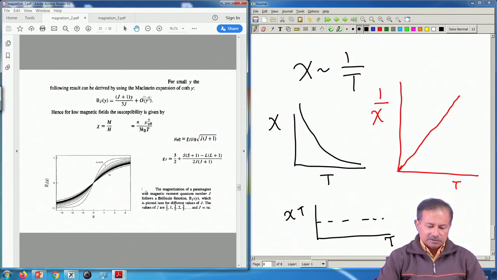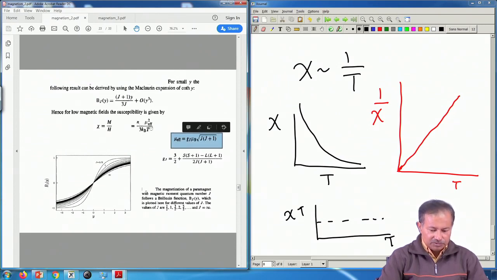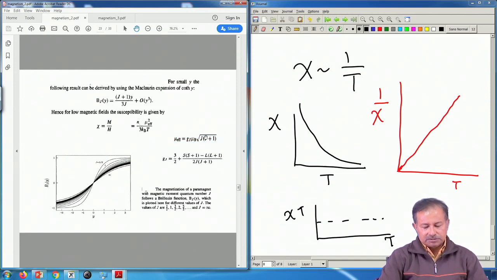Then B_J(y) will have an approximate value of (J plus 1) into y by 3J, plus some y cubed order terms. Neglect those terms, and your chi is M by H, which is N mu effective squared by 3 kBT.